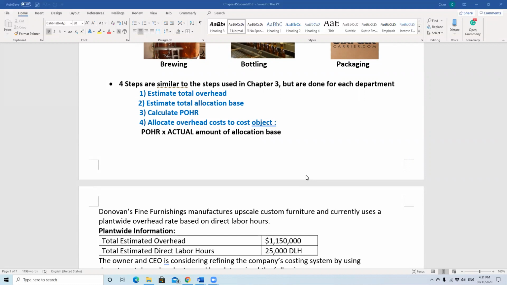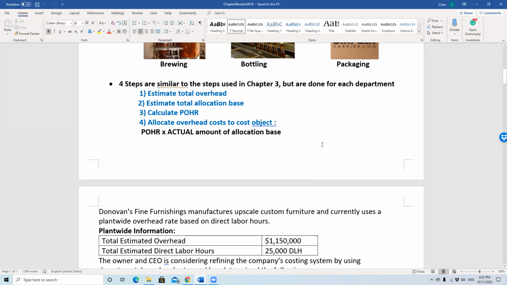But now you have to do this calculation for each activity individually. And then once you get a predetermined overhead rate, you allocate the overhead cost to the cost object using the same formula: predetermined overhead rate times the actual amount of allocation base.